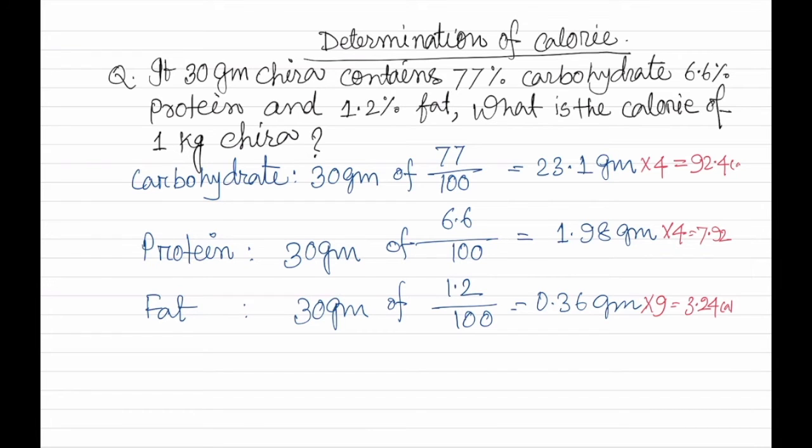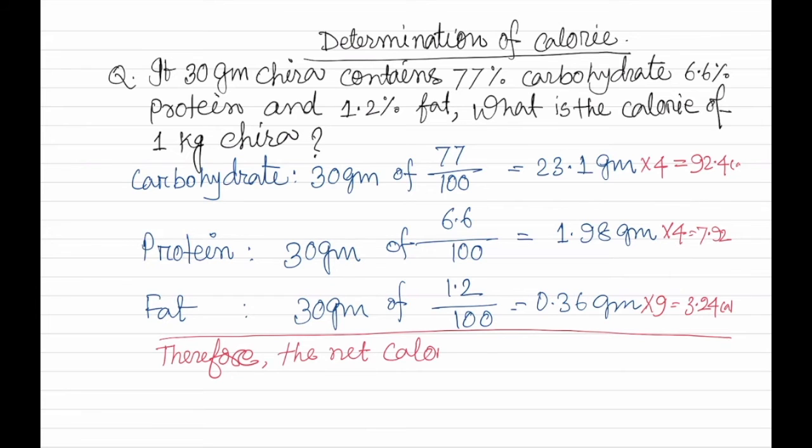So what will be the total calorie? Therefore the net calorie in 30 gram of chira contains 92.4 plus 7.92 plus 3.24. Total will be 103.56 calorie.